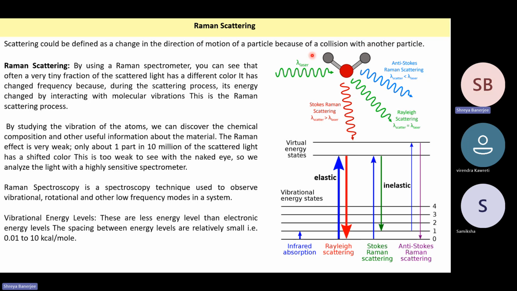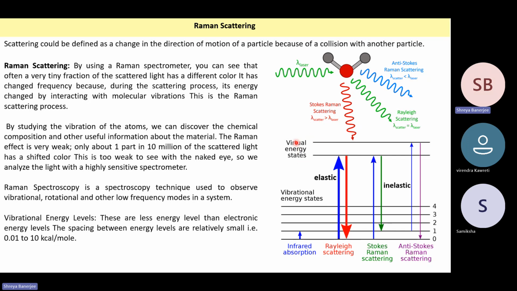So far we were looking at transition between different energy levels. In scattering, that does not happen. Scattering, if you remember in the first slide, is when the electromagnetic ray is hitting the molecule and just getting scattered in different directions. That is why it is called a virtual energy level.